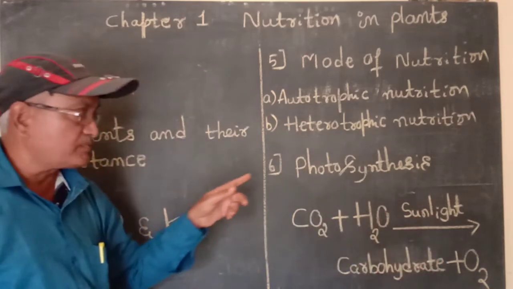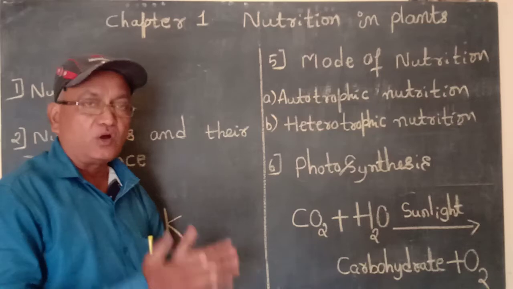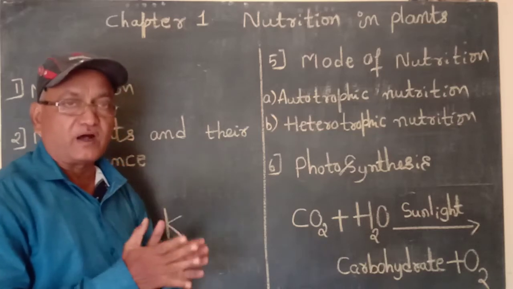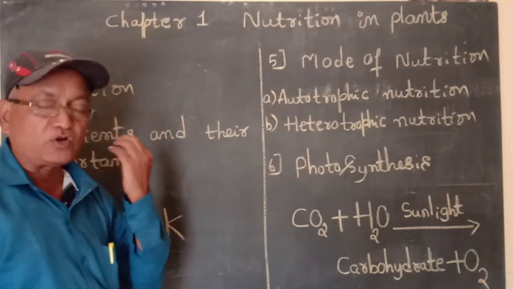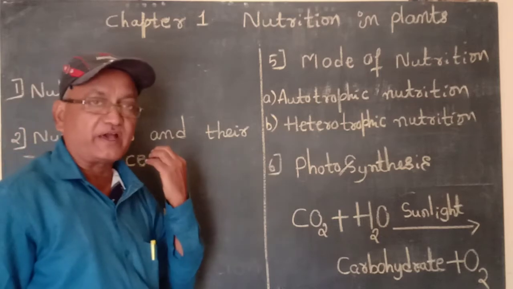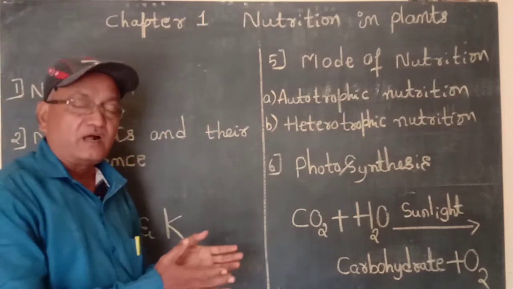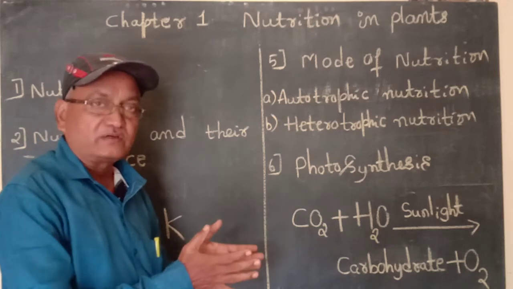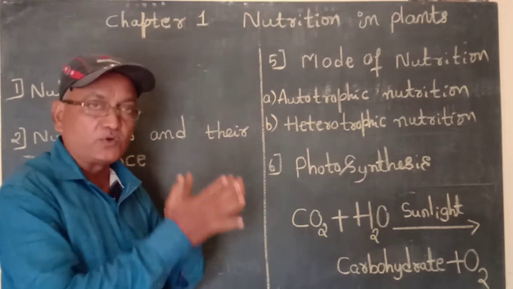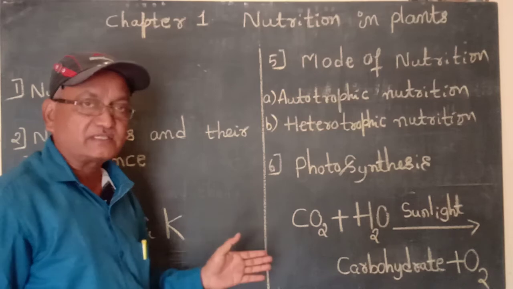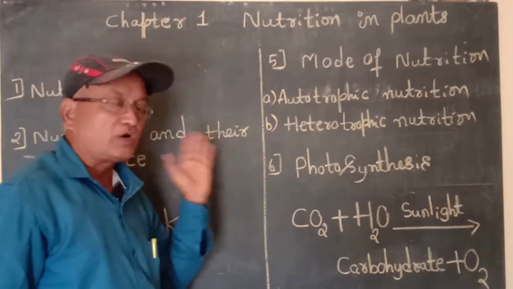Because of this process we have to grow more and more plants, because they absorb more carbon dioxide from the atmosphere. When carbon dioxide decreases in the atmosphere, the temperature of the globe will be reduced.